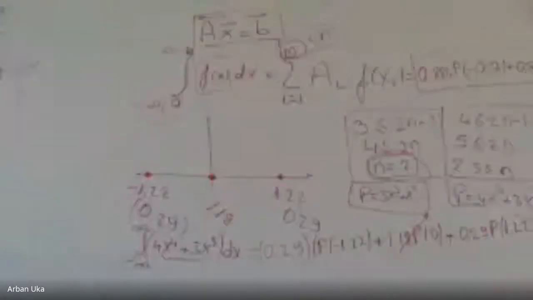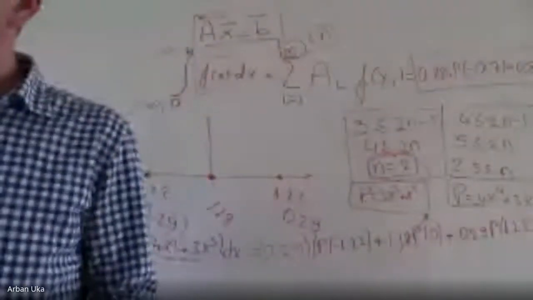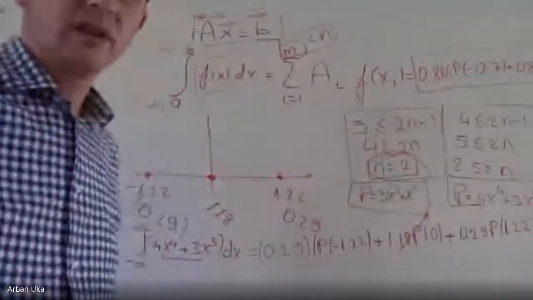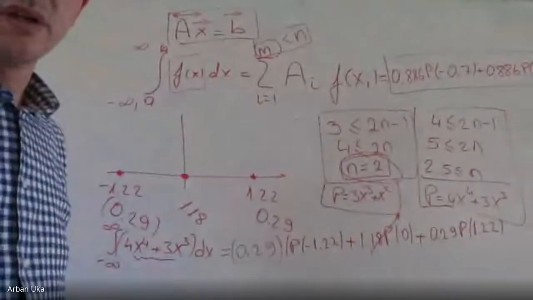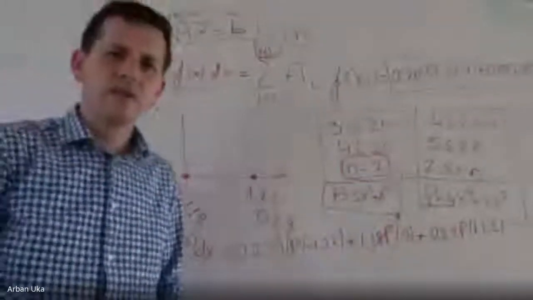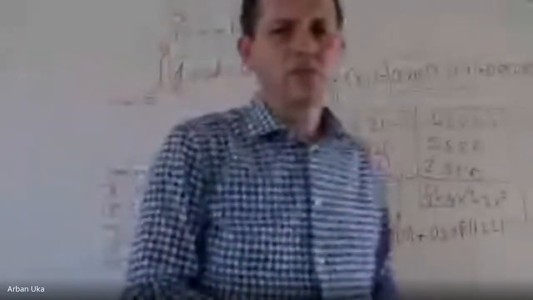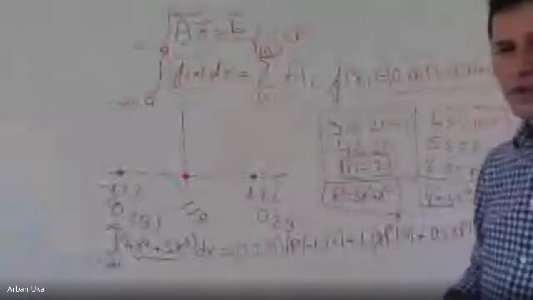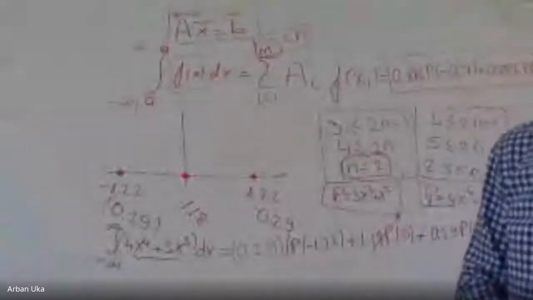Okay, so we substitute all of these values, and here we have a Gauss quadrature, or the calculation of numerical integration using specific orthogonal polynomials, Hermite polynomials. Okay, so this is how we can use these. When I first learned about this, I was really impressed.